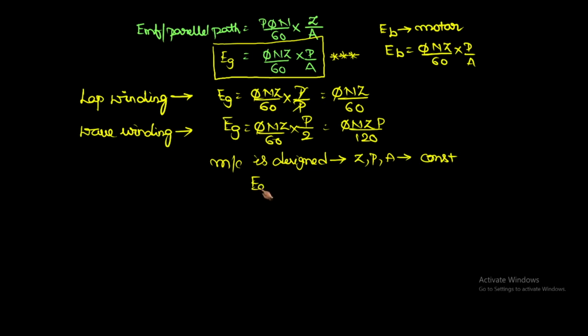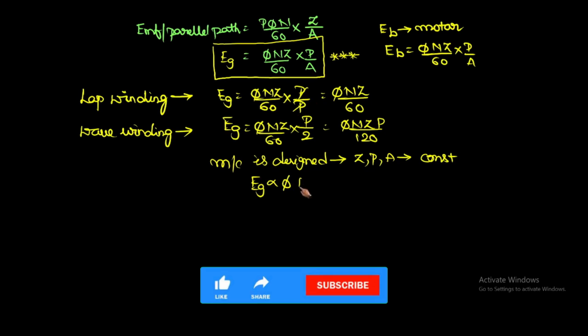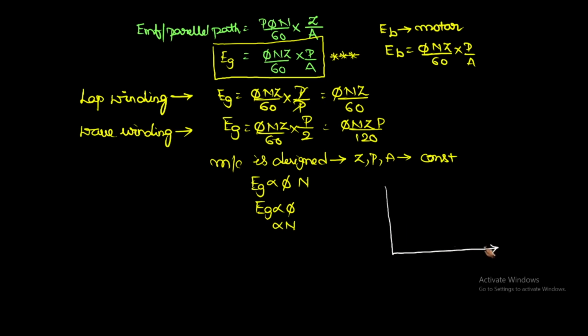In this case, only the remaining two, phi and N, are variables. So the EMF generated is proportional to phi, and it is also proportional to N. If you draw the graph of EMF generated with respect to the flux, it will look like this. This is given for speed N1. If you increase the speed, the graph will shift upwards, that is N1 is greater than N2.